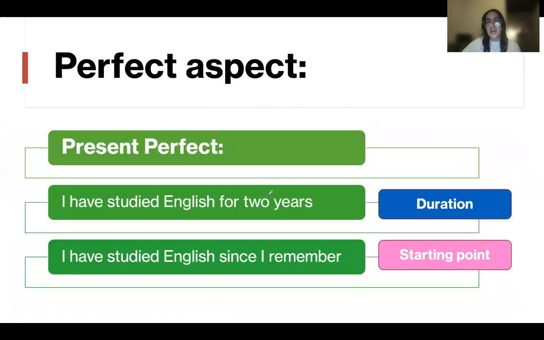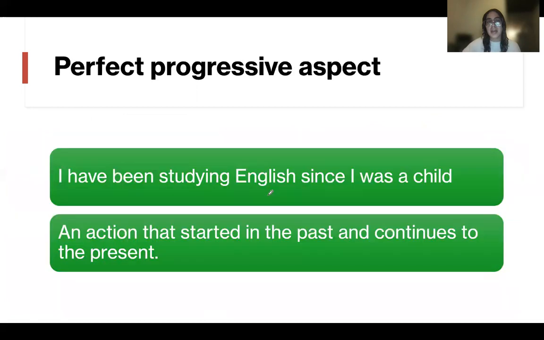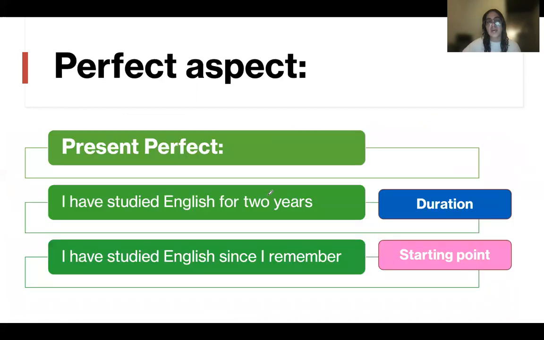And finally, we have the perfect aspect and the perfect progressive aspect. So I am going to start with the perfect aspect first. The perfect aspect contains the present perfect, which is the form of the verb that explains that something started in the past and continues to the future.